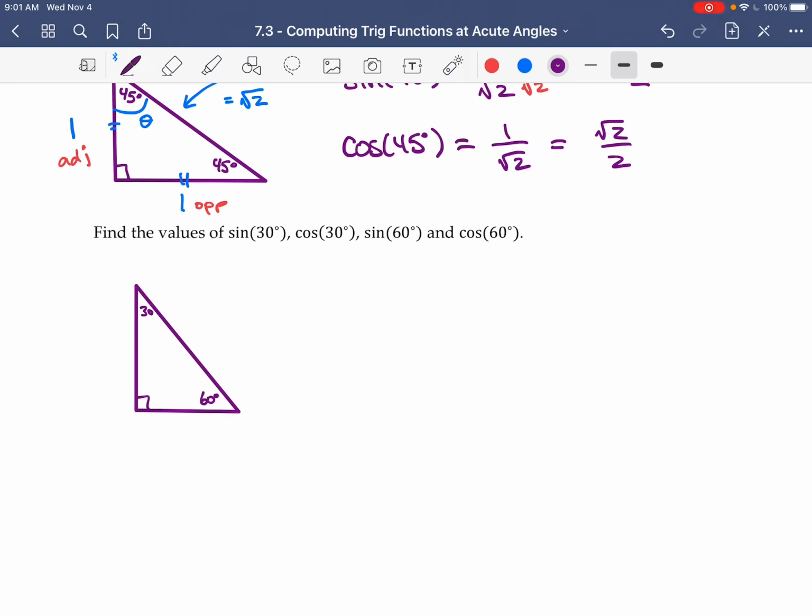Now the reason why this one is special is, what I can do is make another 30, 60, 90 triangle right next to it. So that's also 90. This is going to be 60, and this is 30. So that means this whole angle altogether is 60. So when all the angles of a triangle are equal, then you have an equilateral triangle.